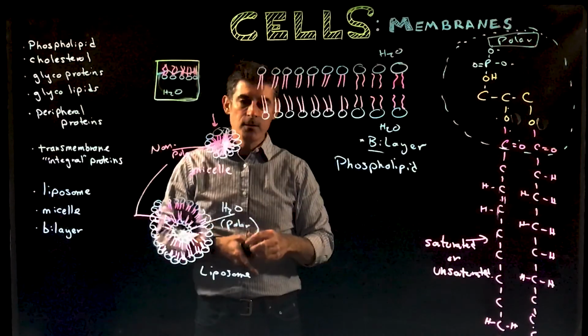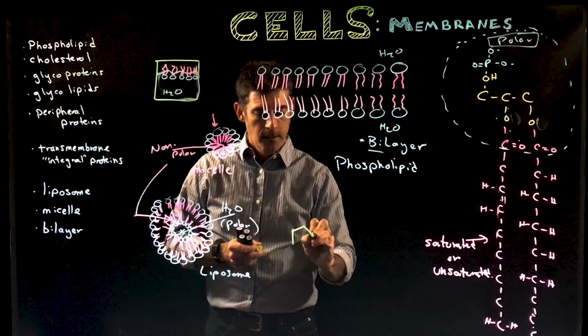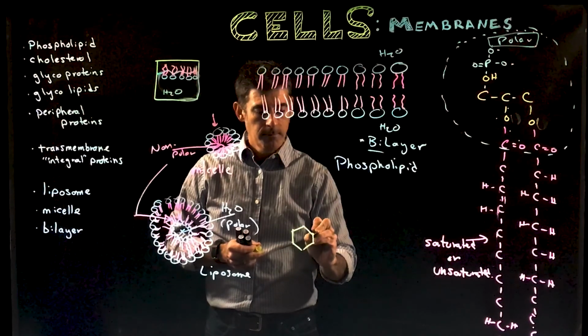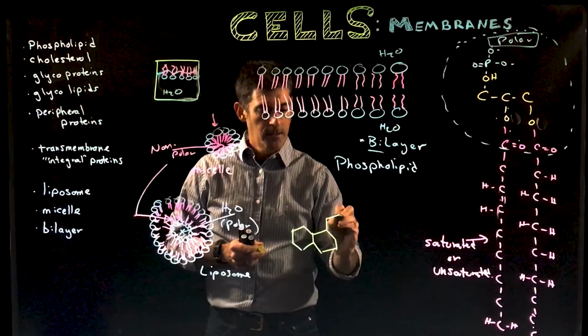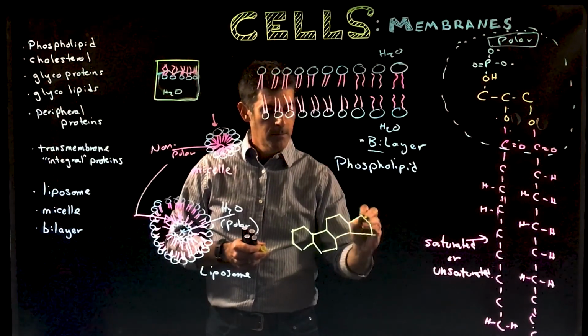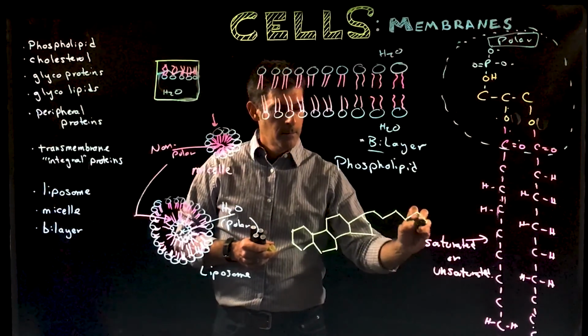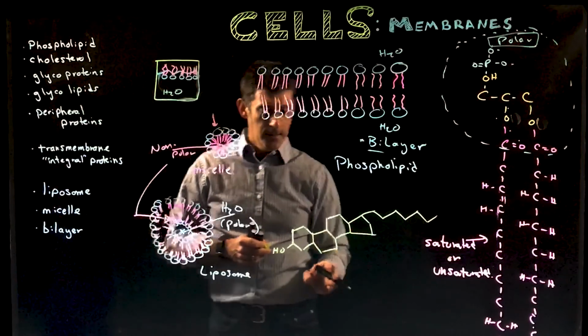Next we have cholesterol. So a cholesterol molecule, I'm not going to go into the full detail of the cholesterol molecule, but we're just going to give you the overall structure. It looks something like this, okay?